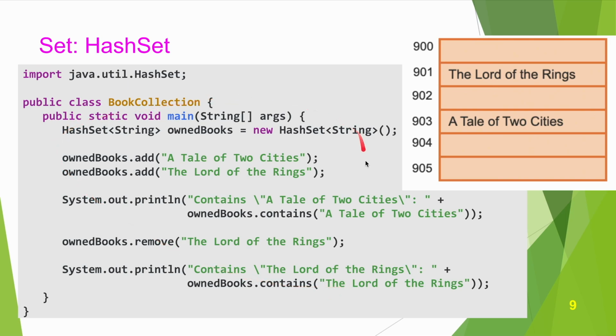You can try and implement this code and see what the output will be for yourself. Once ownBooks.remove is executed, The Lord of the Rings will be removed from the set.